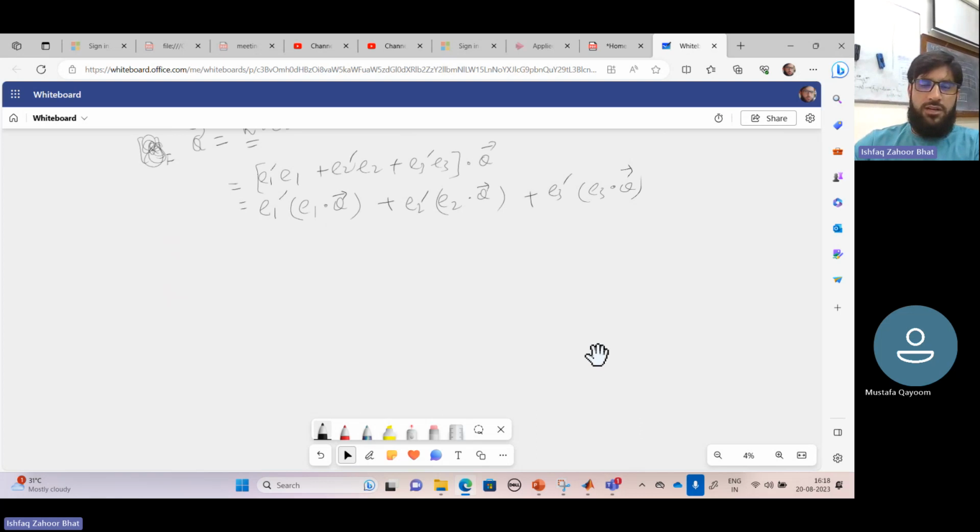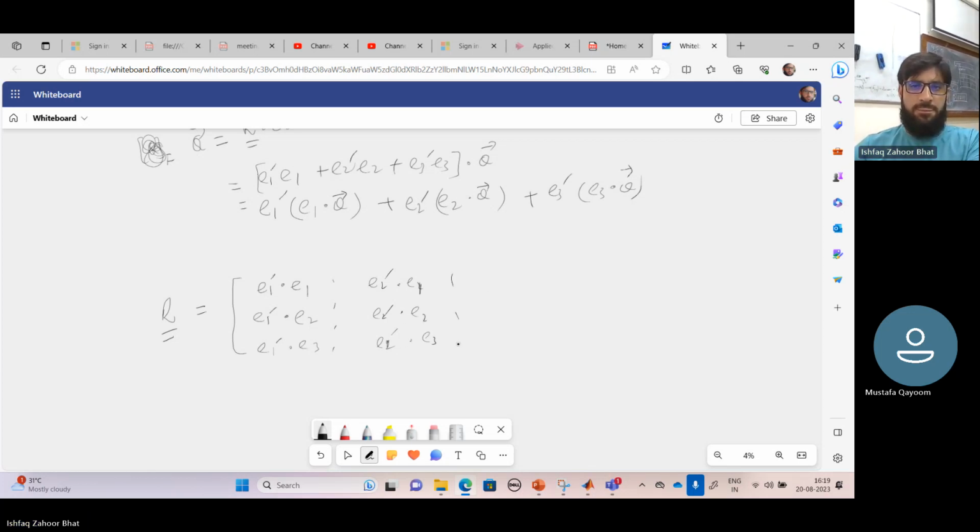Okay, you can check one thing, because I have limited time. You can check that this rotation tensor in components, you can write it as, and it is very powerful to write it like this: E1 dash dot E1, E1 dash dot E2, E1 dash dot E3, E2 dash dot E1, E2 dash dot E2, E2 dash dot E3, and E3 dash dot E1.